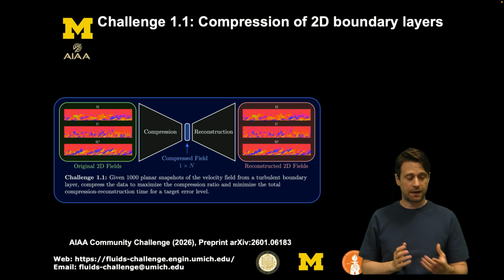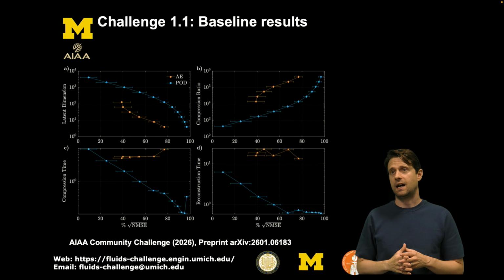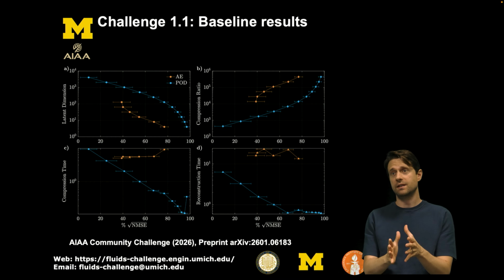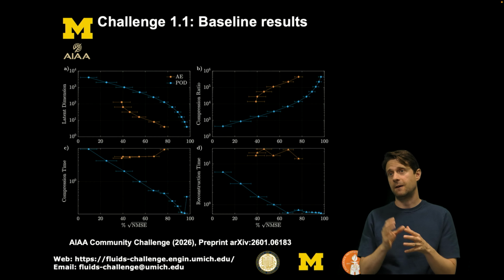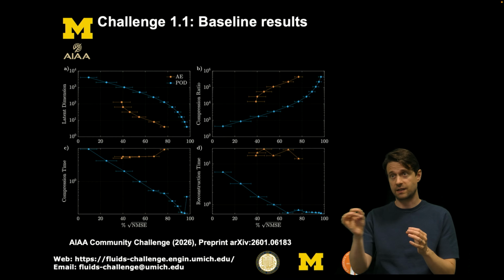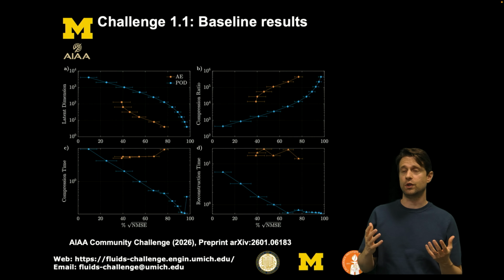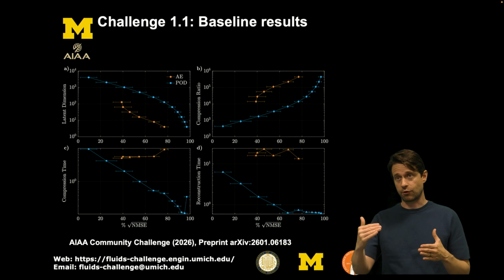Now, there are several things that are important for this problem, and here you can see different metrics. The latent dimension tells me how well I'm actually compressing. If I have a few variables in the latent space, that means that I have been able to compress very well, because each of those latent variables contains a lot of information. We also want to look at the reconstruction error.